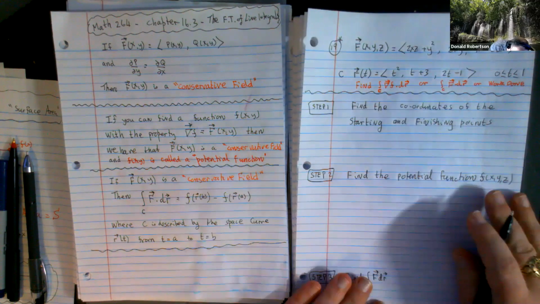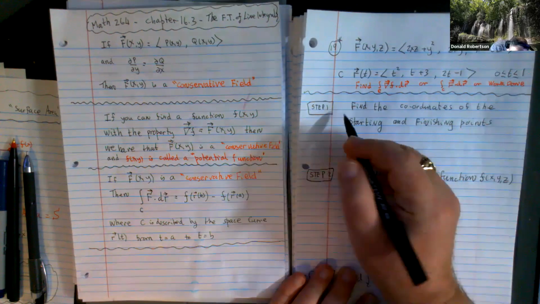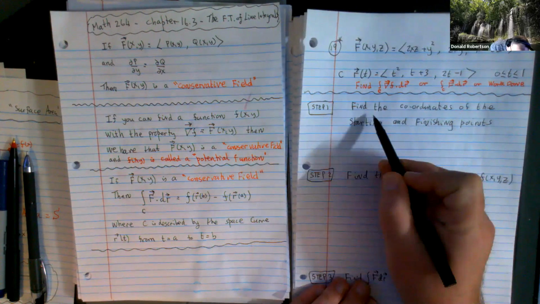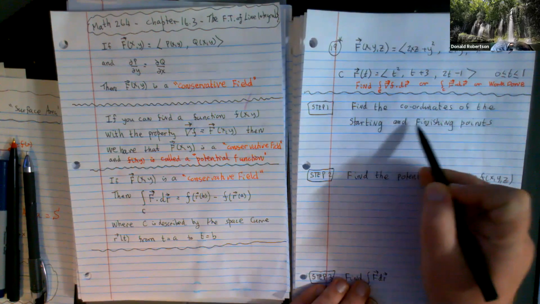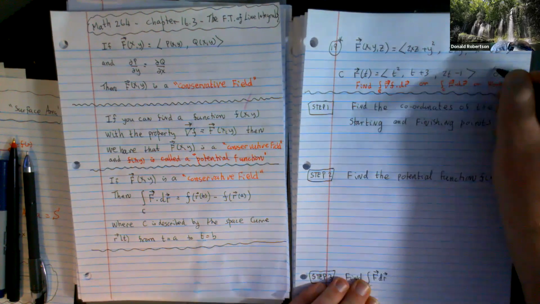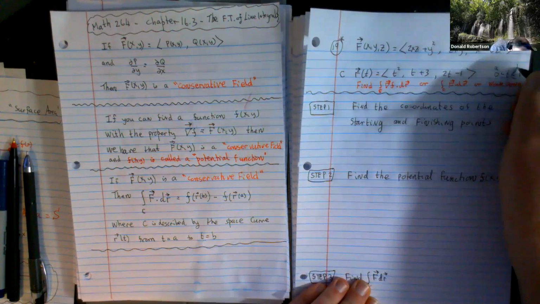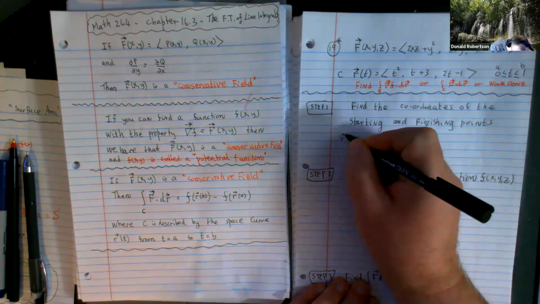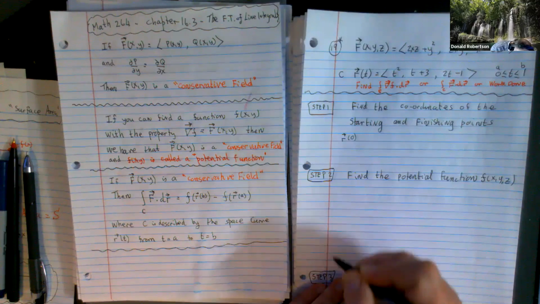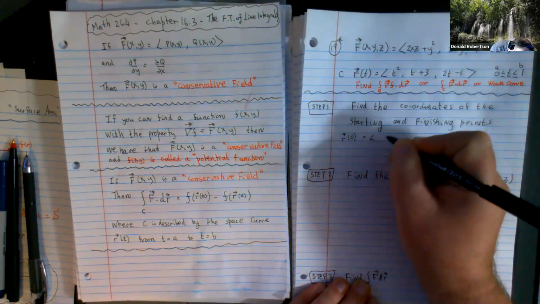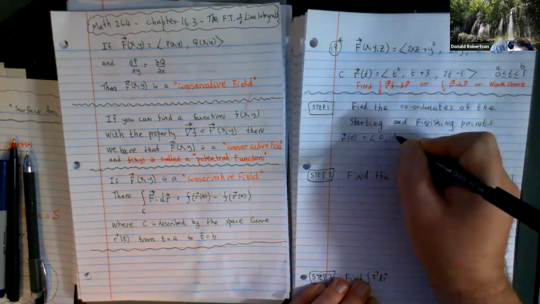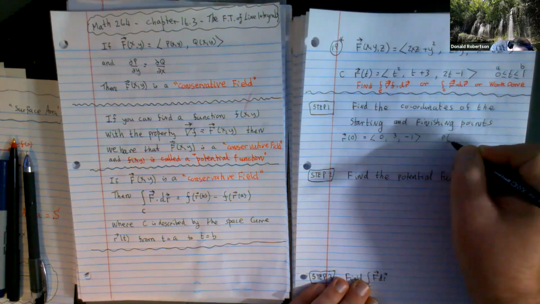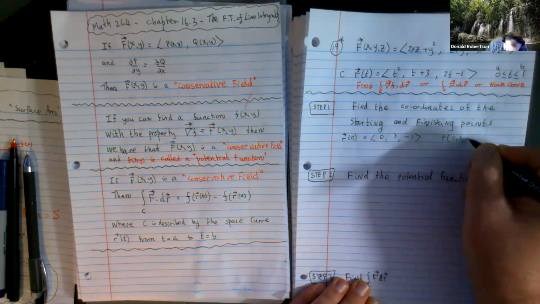So what do you do? The first thing, and probably should be the first step, is find the coordinates of the starting and finishing points. In this question, you're told it starts there and it finishes here. So if you put in t equals 0, you'll get 0 squared, 0 plus 3, and 0 take away 1, so your starting point will have that coordinate.